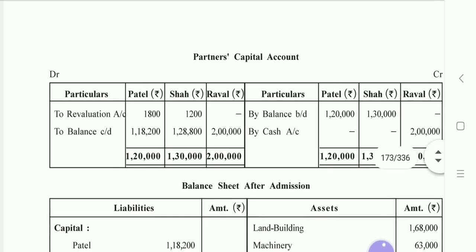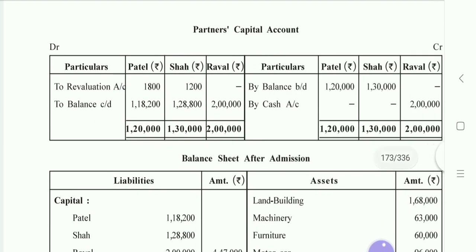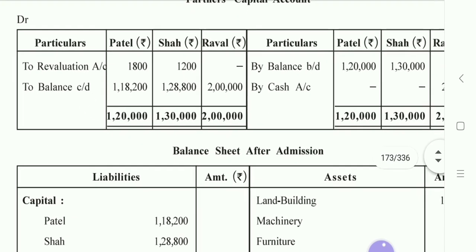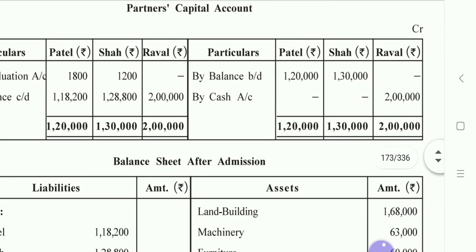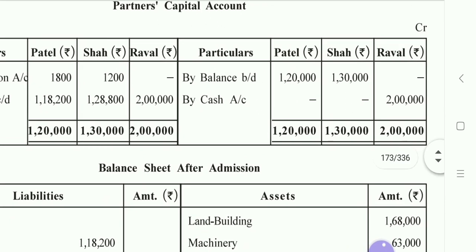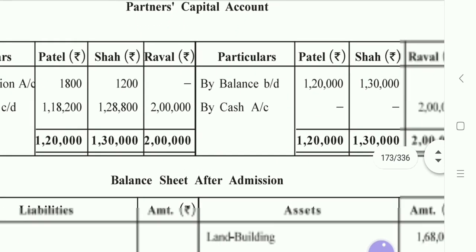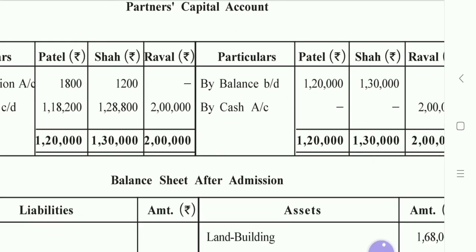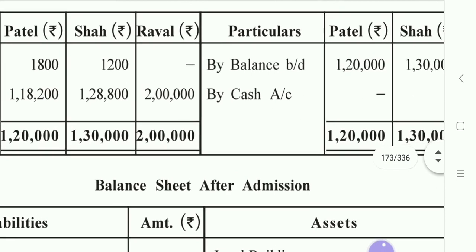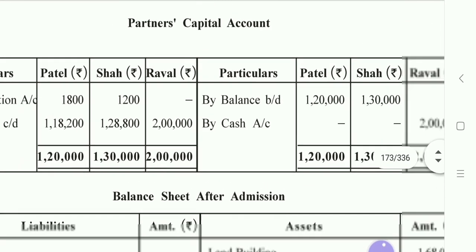Now I'm going to balance this particular account. The process remains same. Total of whichever side is more is to be written. Here I can see total of credit side is more. For Raval it is 2 lakh. Here credit side 2 lakh. So 2 lakh minus, here we don't have anything, so 2 lakh minus 0 is 2 lakh again. So I've written 2 lakh here. Same for Shah.